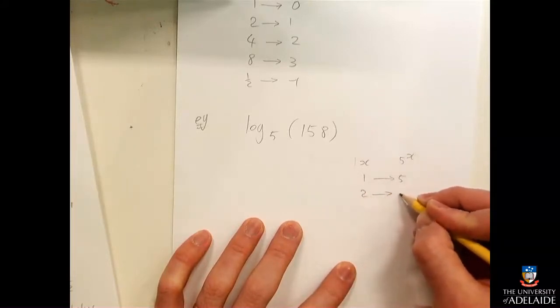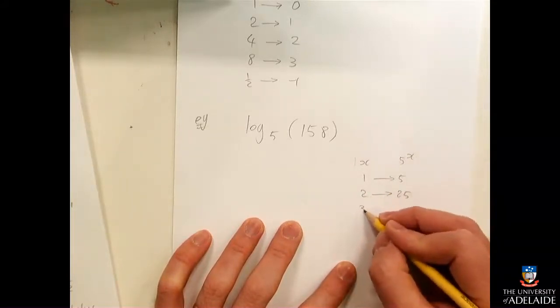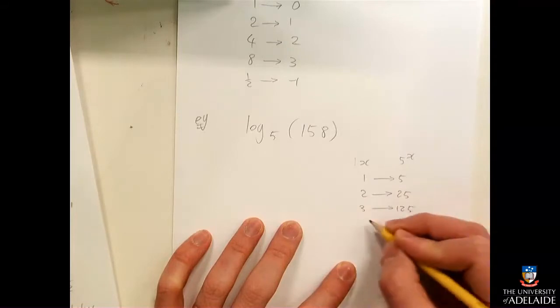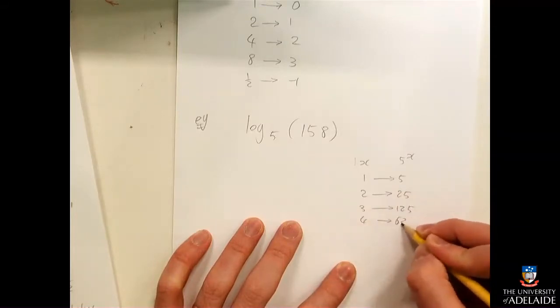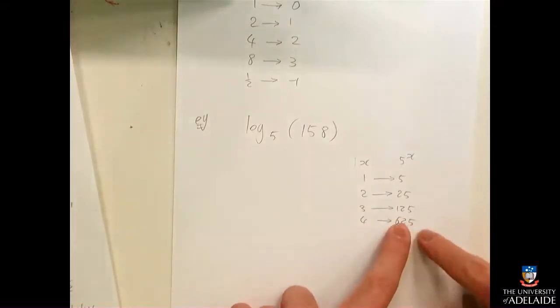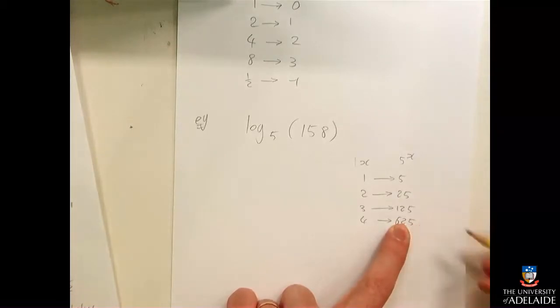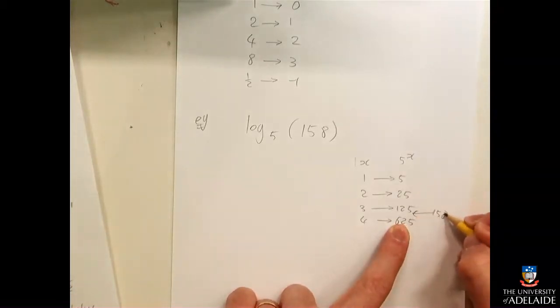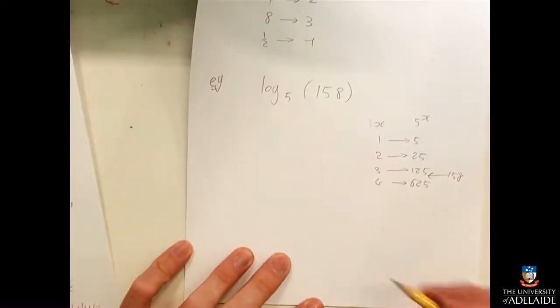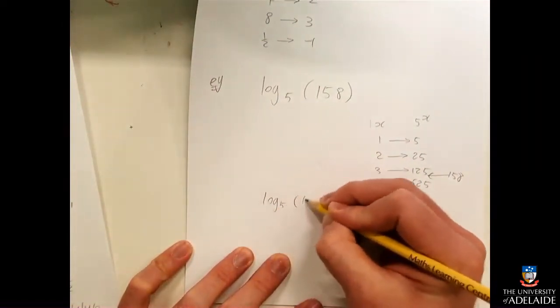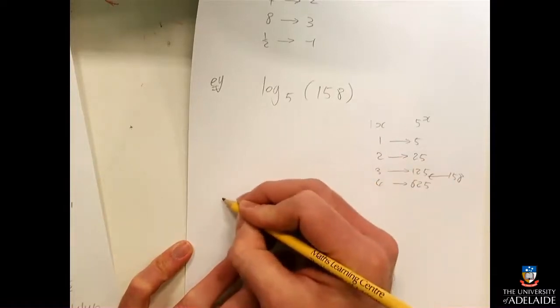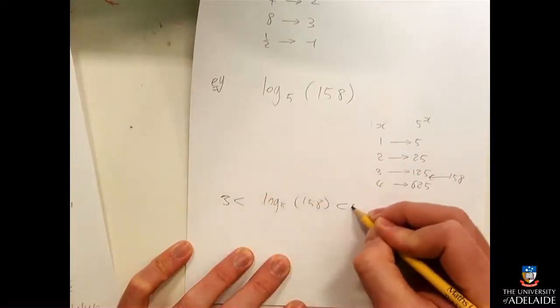That would give me a 25 because I times by 5. That would be 125. And this one would be, right, it's too big. I'm in here somewhere. 158 is in this zone between these two. So my first guess is that log 5 of 158 must be between 3 and 4.